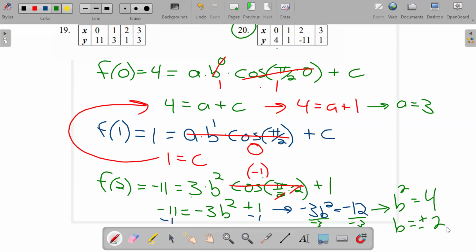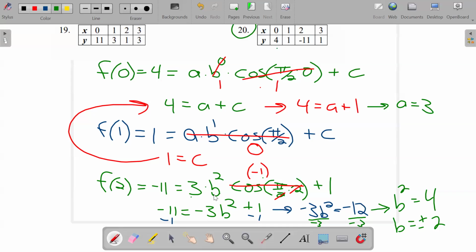I am going to guess it's plus because a negative base with a fractional exponent leads to imaginary numbers, and that's a problem. Okay. So I am 99.5% certain it's got to be the positive one because it's the base of an exponential function.